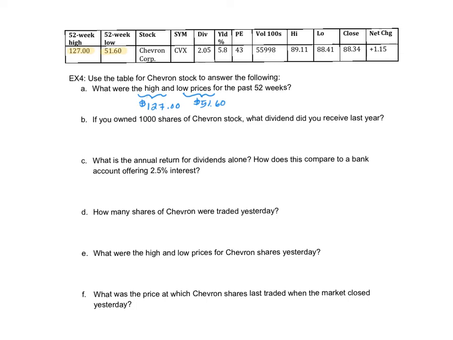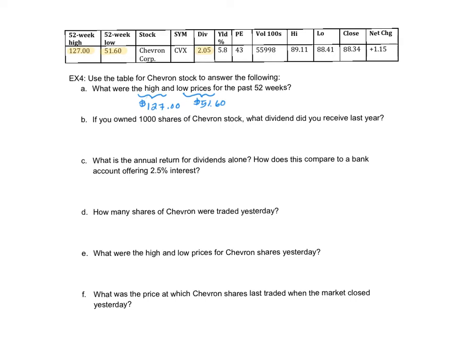So part B, let's say you owned 1,000 shares of Chevron stock. What dividend did you receive last year? So you own 1,000 shares. If you look at the dividend column, it said that they paid $2.05 per share.